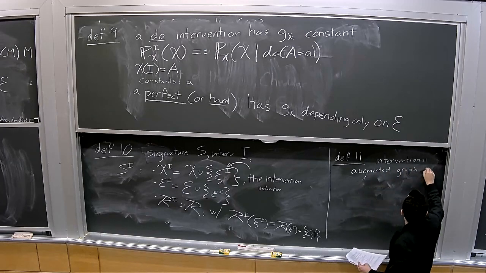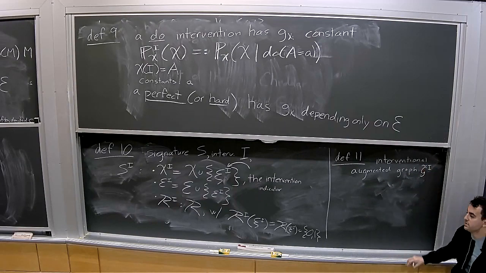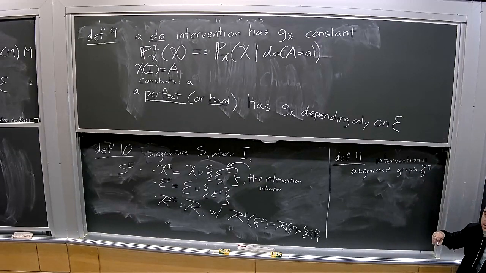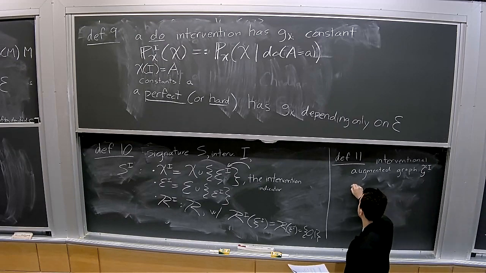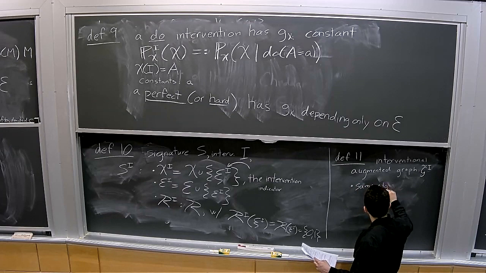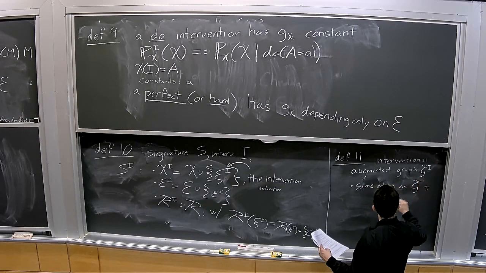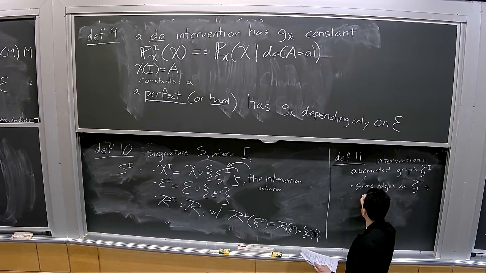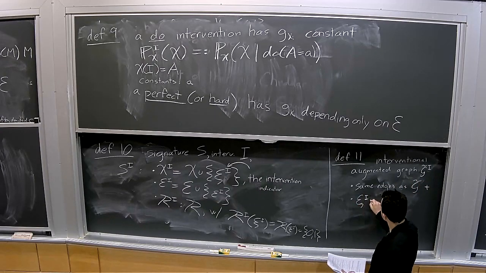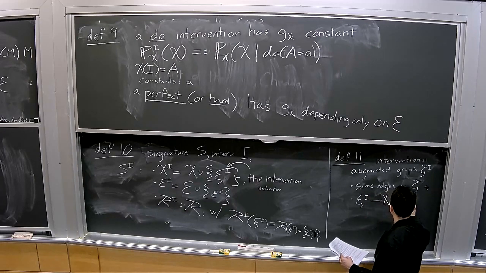So this is going to be G tilde superscript I. We take in this original G tilde and keep the same edges as G tilde, plus we're going to have an edge from this intervention indicator to all of the variables that are in the intervention.